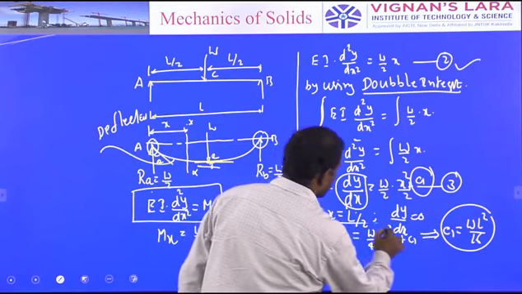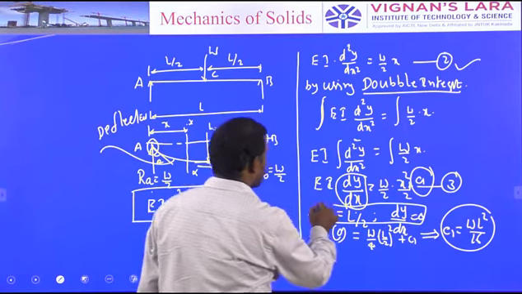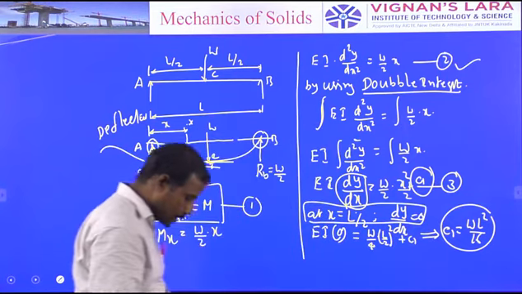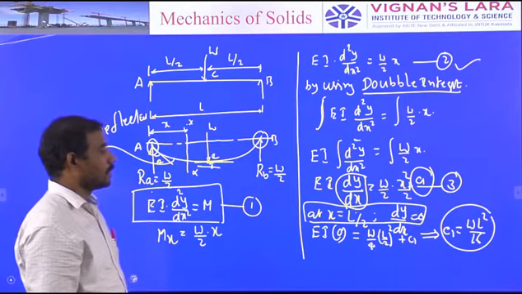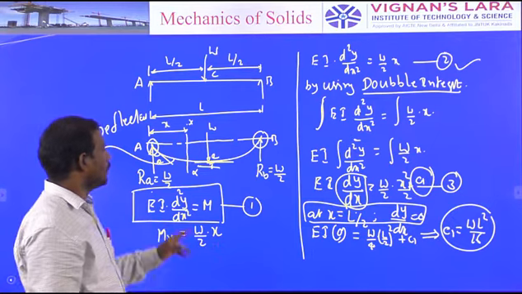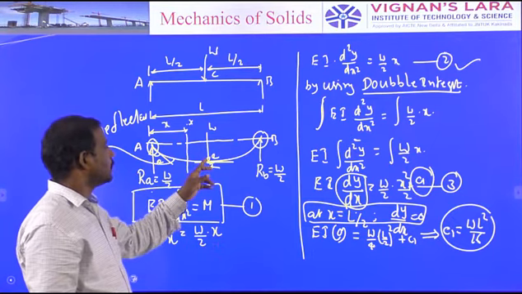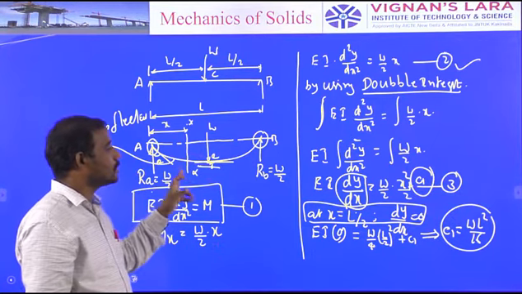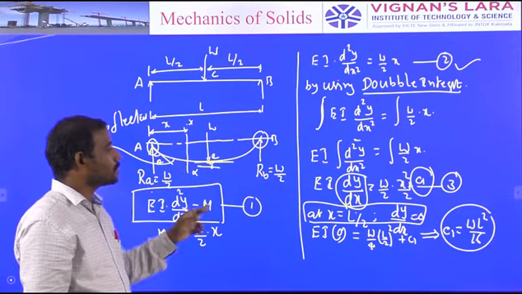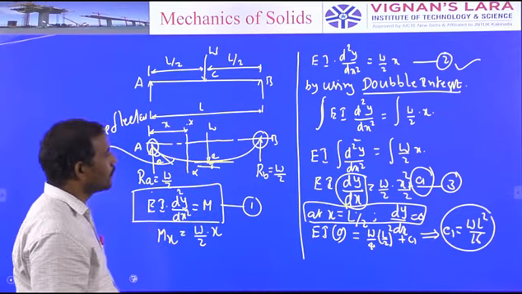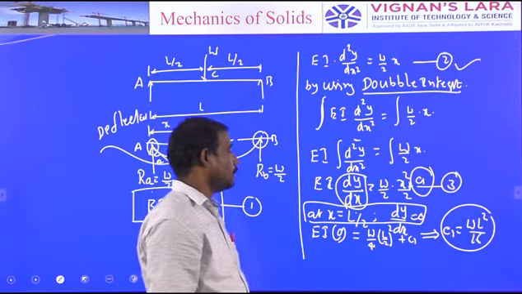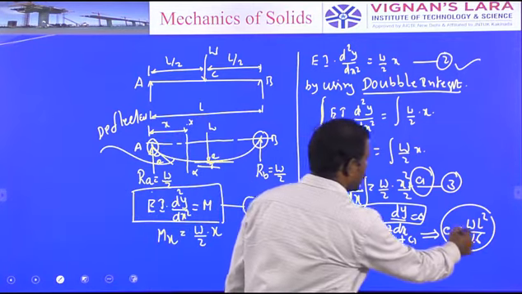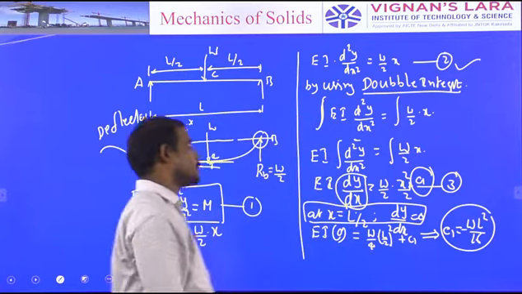This is the important parameter while calculating the slope dy by dx. So when x is equal to L by 2, the slope is 0. By substituting these two values in equation number 3, we get the C1 value. Here C1 is equal to minus wL square by 16.